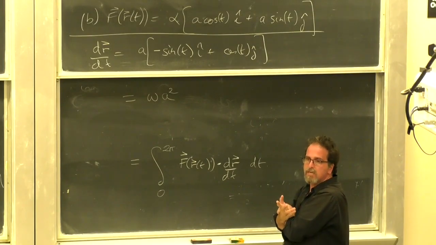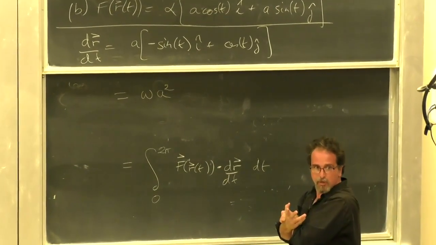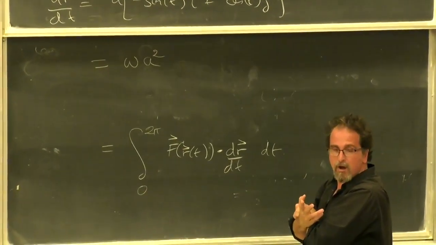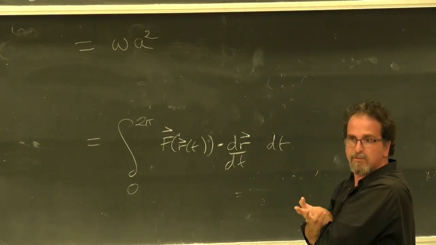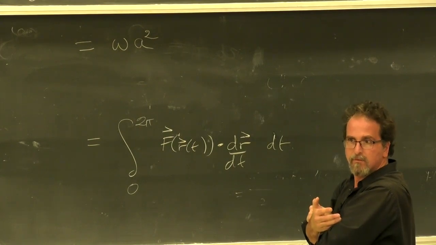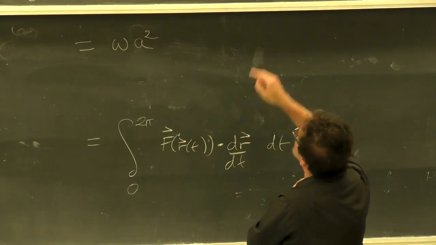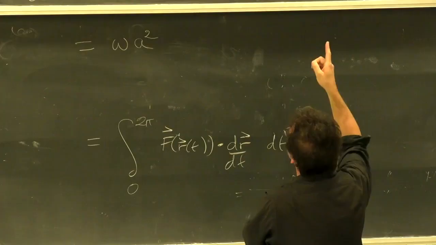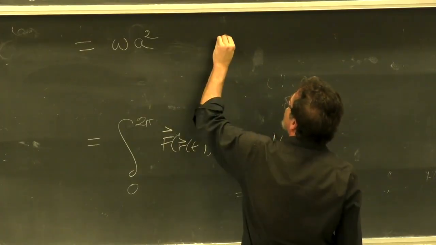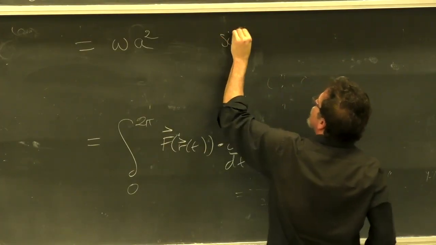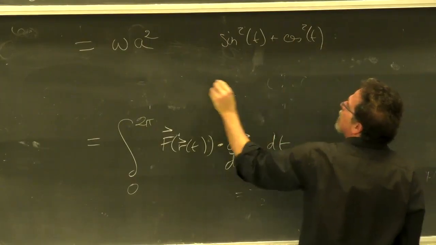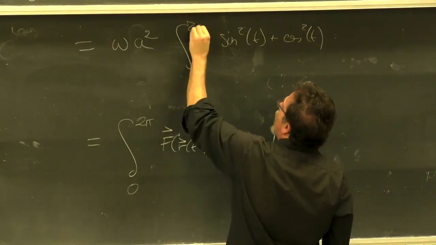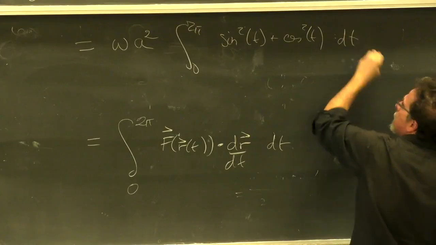And what you see is that this curve that I've chosen is everywhere tangent to the vector field, or the vector field is everywhere tangent to the curve. And so sine t times sine t is sine squared, plus cos squared is 1. So this is going to be sine squared t plus cos squared t, the integral from 0 to 2 pi dt.